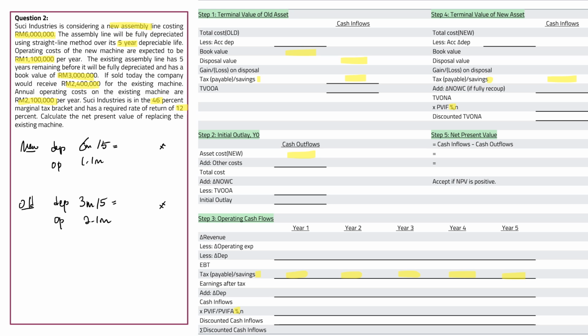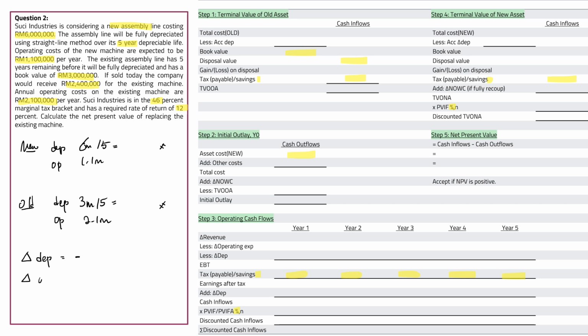We can already tell the change in depreciation between the old and the new one: the old one is a lower amount, the new one is a higher amount. So you have to pay more depreciation, right? That means lower profit, so it's going to be a negative.